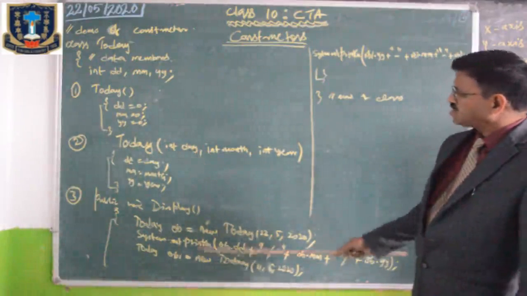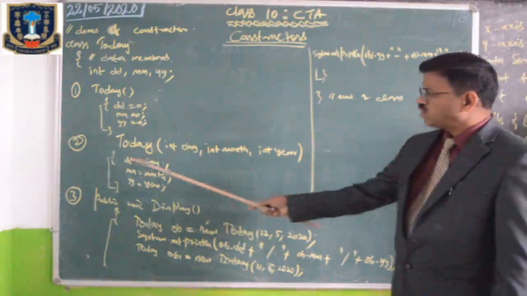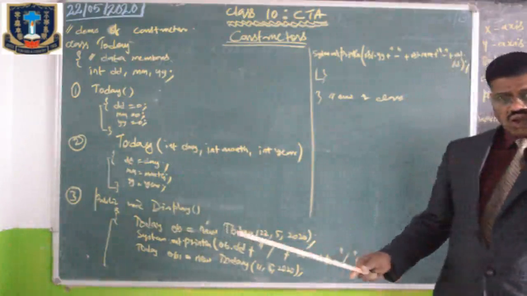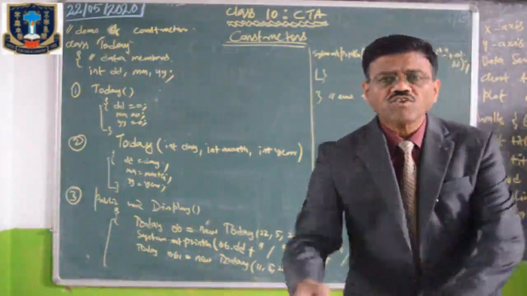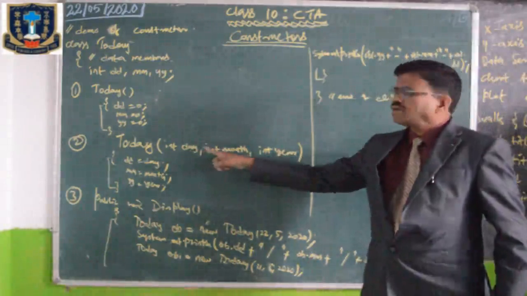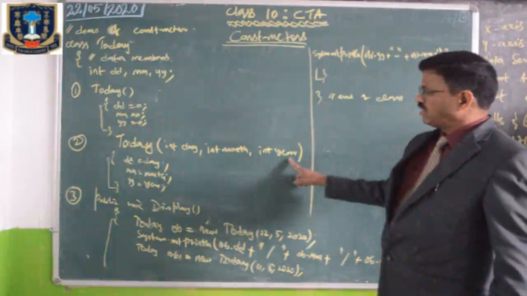whatever the day value is sent from this object, the day value will be stored in dd. For example, today is 22nd, month 5, and year 2020.